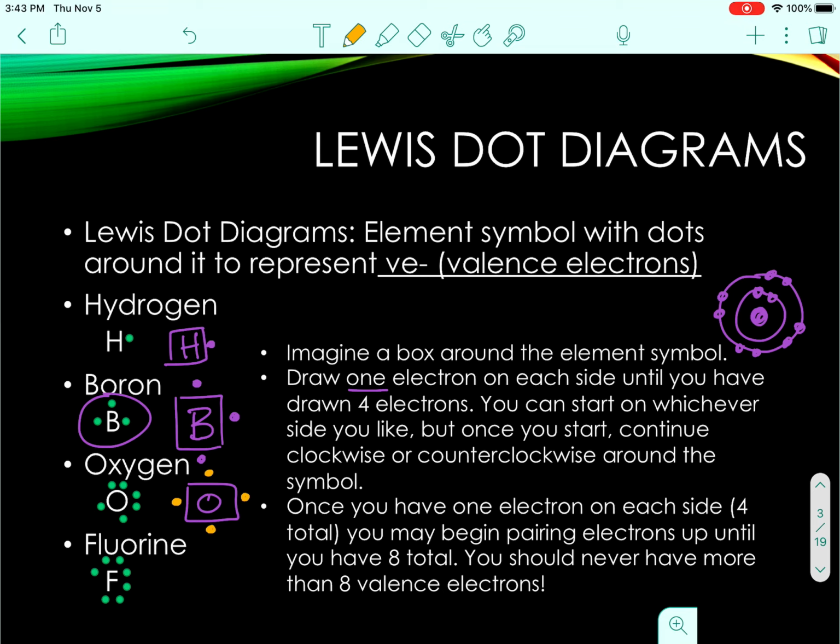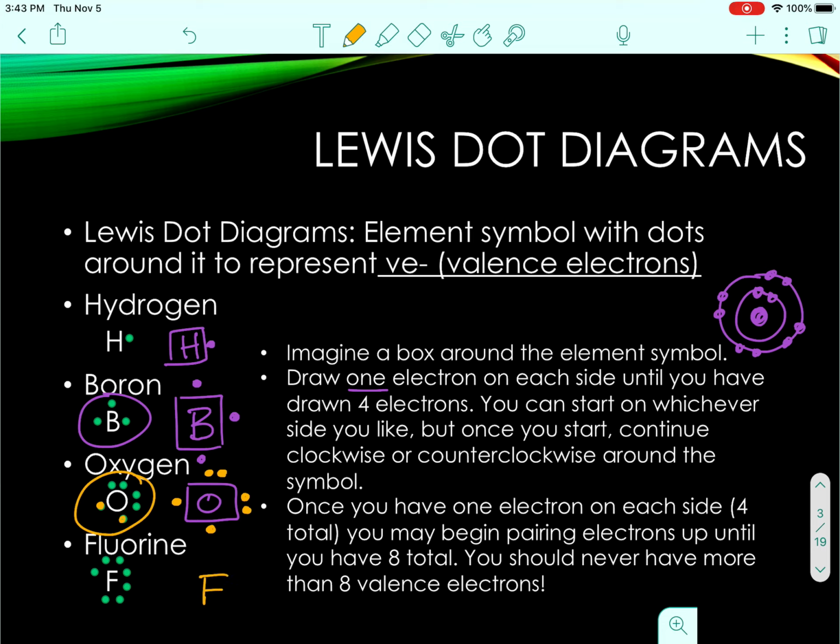Now I can start pairing them up. So 5 and 6. And so that's why it looks like that. You can see the 2 of the dots are unpaired, or they don't have a friend. Or sometimes I like to call them lonely. We got 2 lonelies on oxygen. Okay? And you can see that these 2 have buddies. These are paired up.